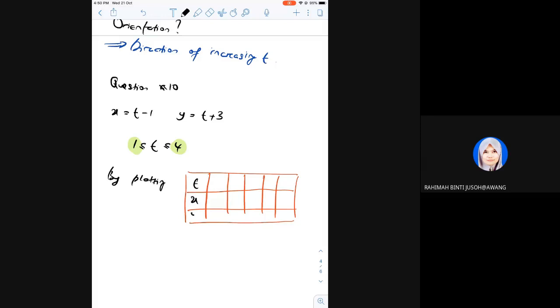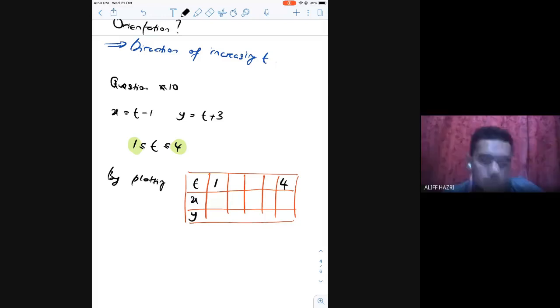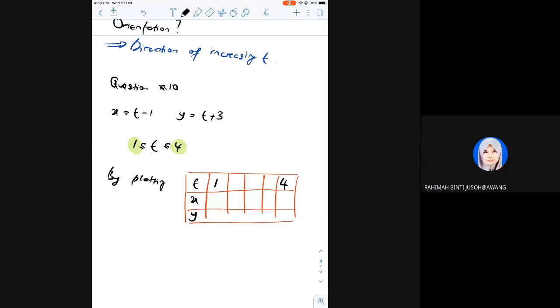So T, X and Y, make sure T starts from 1 until 4. You can do 2 here, 2, 2.5, 3, whatever you like. What's important is that the start and end follow the interval. You can't go lower, you can't go higher. Understand? That's the restriction when you are given the interval.